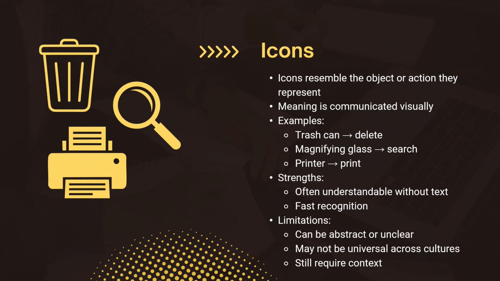If you've never used a system before, you can often still guess what the icon does because it looks like the real world object. However, icons can still fail if they're too abstract, unfamiliar, or culturally specific. Not every user interprets images the same way.